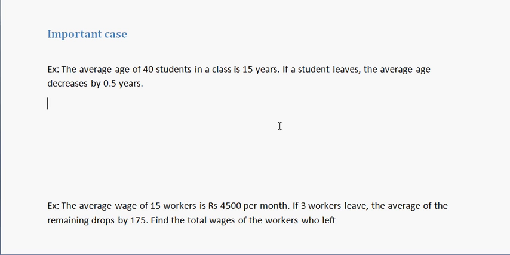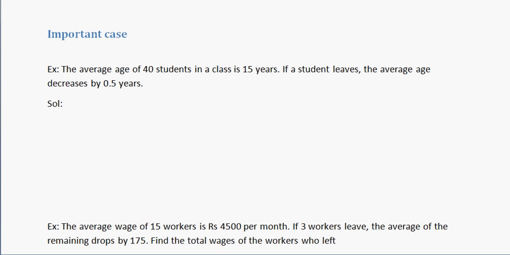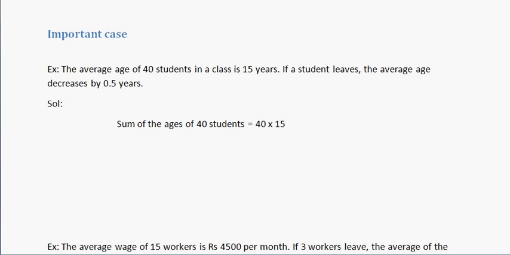So let's try and do it. Now in the first case there are 40 students and their average age is 15. So the sum of the ages of 40 students is equal to what? 40 multiplied by 15, right? Let's leave it here, we won't calculate it.